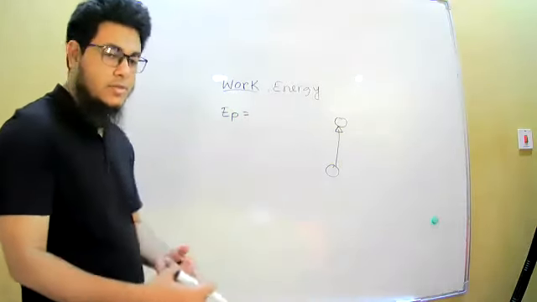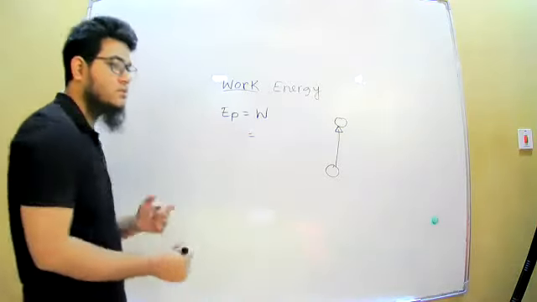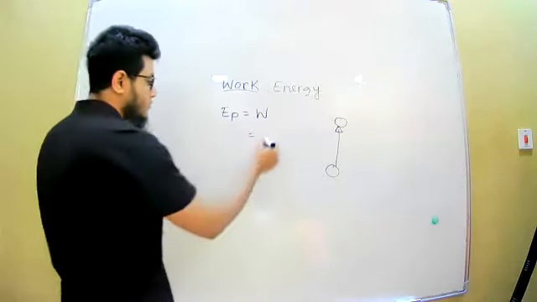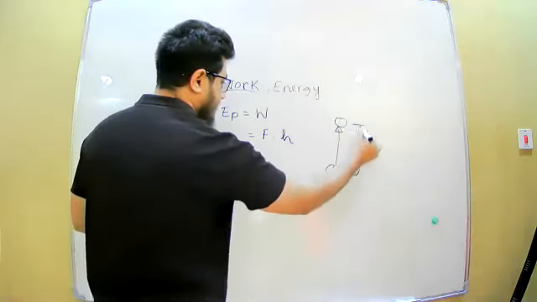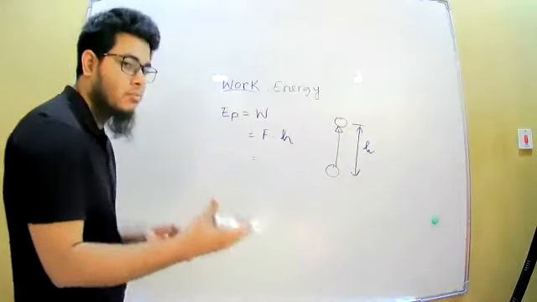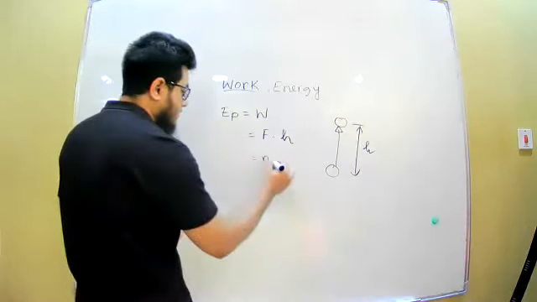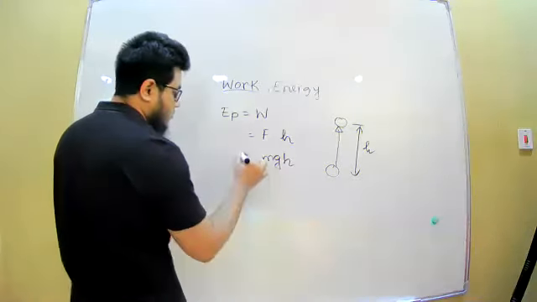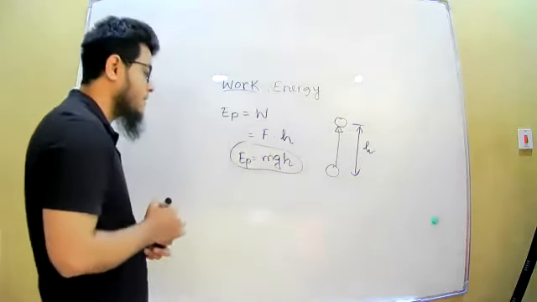So indirectly we can say that the potential energy is equal to the work done by me. Now work is equal to force into displacement. Let us say I have lifted it to a height of h. Now what is the force that you have to apply to lift a certain body? That is equal to the weight of the body, so that is mg into h. So Ep is equal to mgh, very important.